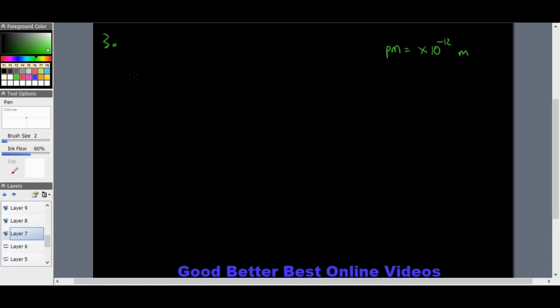I'll confirm that shortly. Calculate the force between them. So F is still equal to Q1, let me add in my Coulomb's constant first, Q1, Q2 all over R squared.